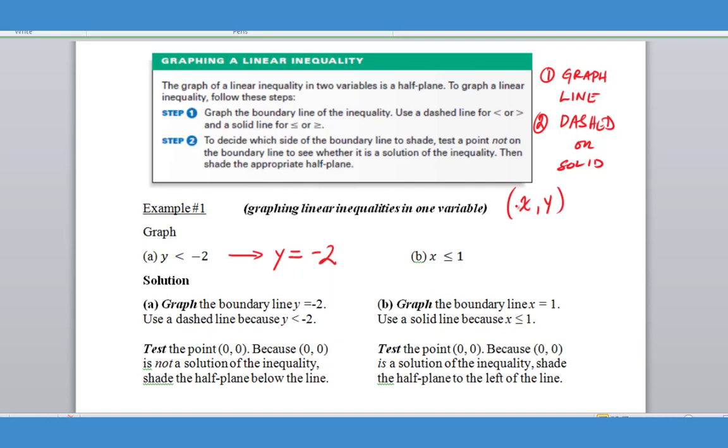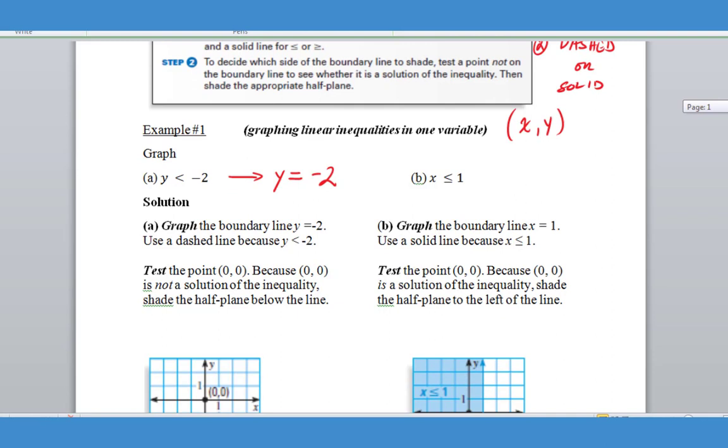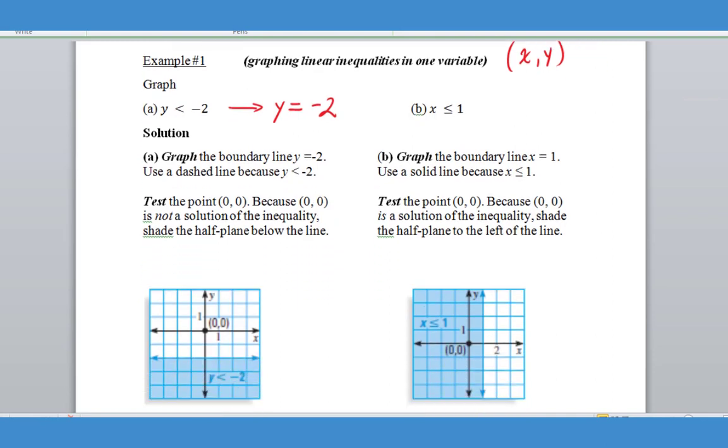Here we have y is less than -2, so I'm only going to use the y value from the given points. In order to represent that, I need to shade all of those points that are considered solutions to the graph, or true statements to the inequality.